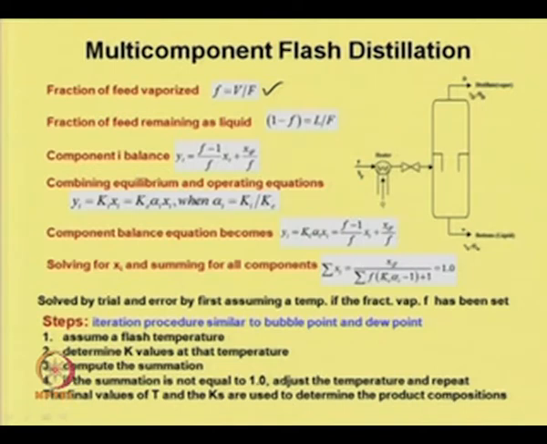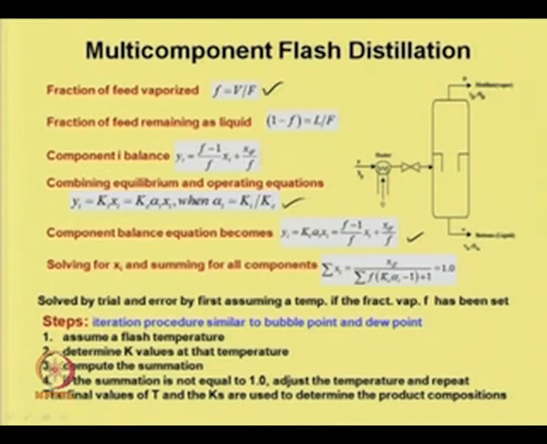If we combine the equilibrium and operating equations for multi-component systems, as we have seen, yi is equal to ki xi, which is equal to kc alpha i xi, where alpha i is ki by kc. So the component balance equation in this case becomes yi equal to kc alpha i xi equal to (f minus 1) by f xi plus xif by f.